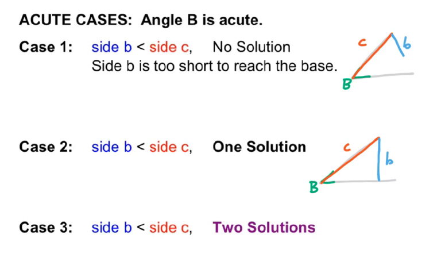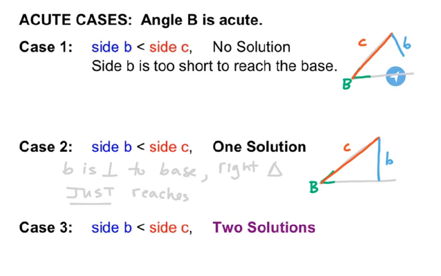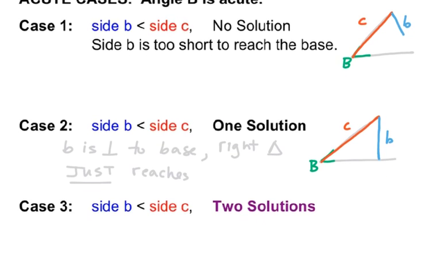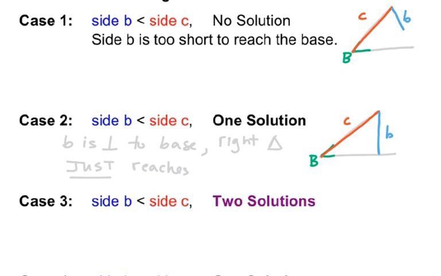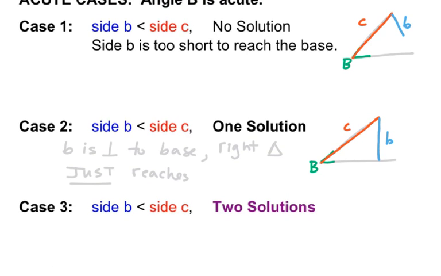For that to occur, it's perpendicular to the base, and we have a right angle. So in the example above, B was shorter than C, but too short to reach the base. Here we think about that dangling arm B, still shorter than C, but just long enough to touch. This is the situation where we run into two solutions.